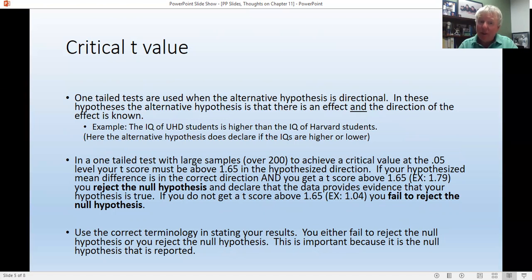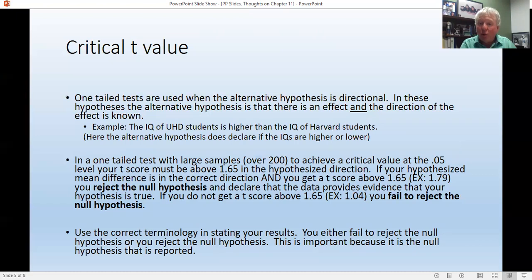Okay, for example, an alternative hypothesis that says the IQ of UHD students is higher than the IQ of Harvard students. That's directional. We say the IQ is higher, okay? Here, the alternative hypothesis does declare if IQs are higher or lower. It declares a higher IQ, okay? So we have a direction. So in this situation now we have a one-tail test.